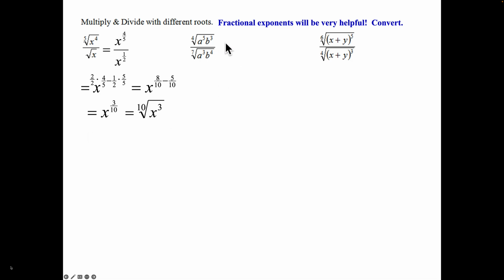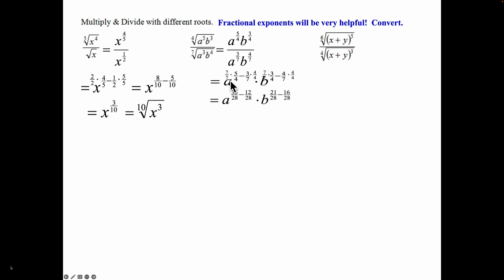Next, we'll have a to the 5/4, b to the 3/4, a to the 3/7, b to the 4/7. Treat them separately. A to the 5/4 minus 3/7, b to the 3/4 minus 4/7. And again, we need a common denominator, which is going to be 28. So 7 over 7, 4 over 4, 7 over 7, 4 over 4.